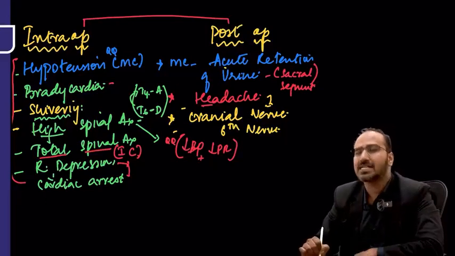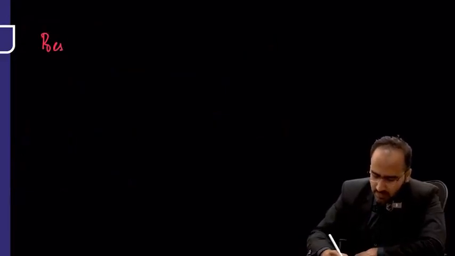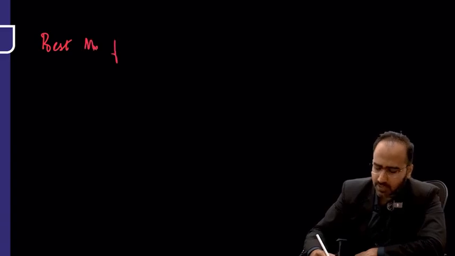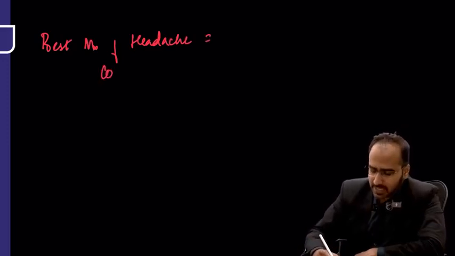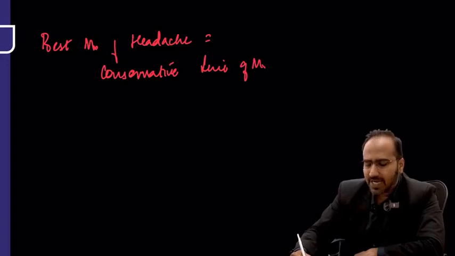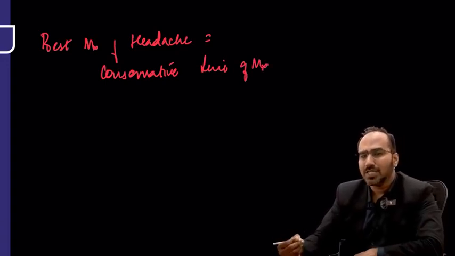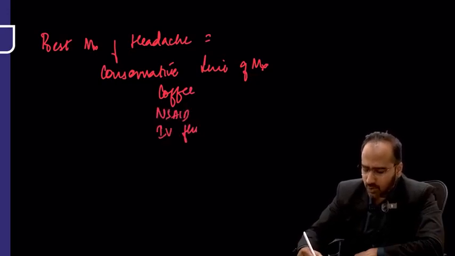But if headache occurs in spinal anesthesia, the best management of headache in spinal is what, guys? Conservative line of management. What is meant by conservative line of management? You just give the patient coffee, you give NSAIDs, you give IV fluids.